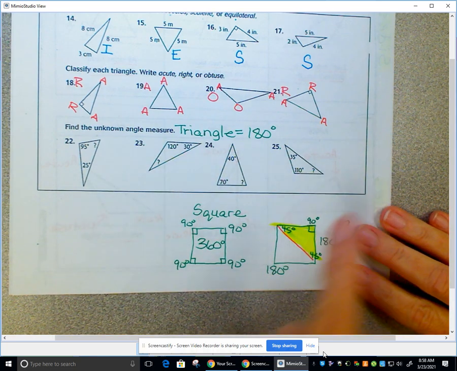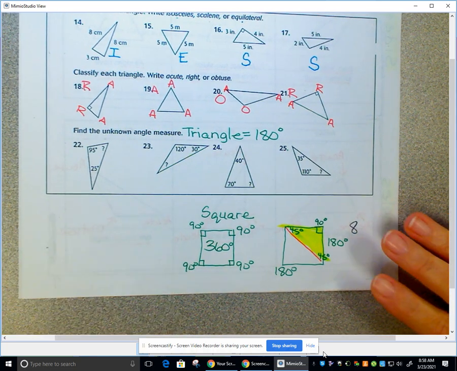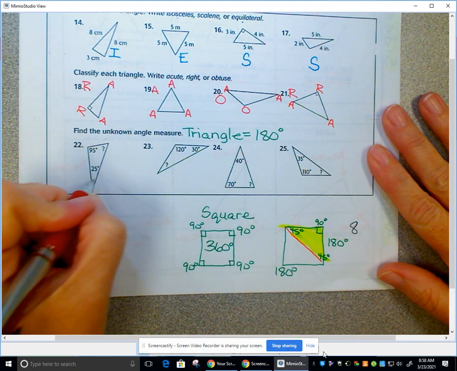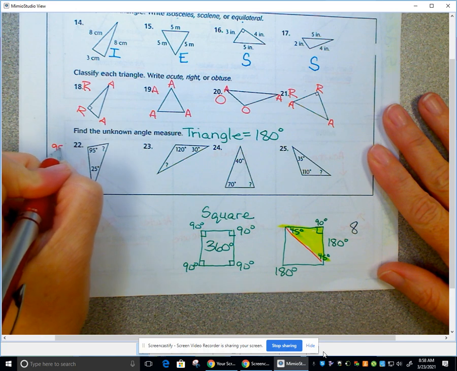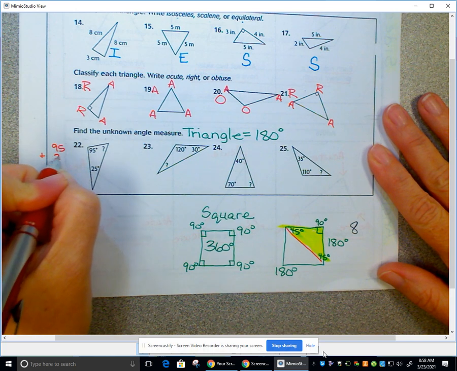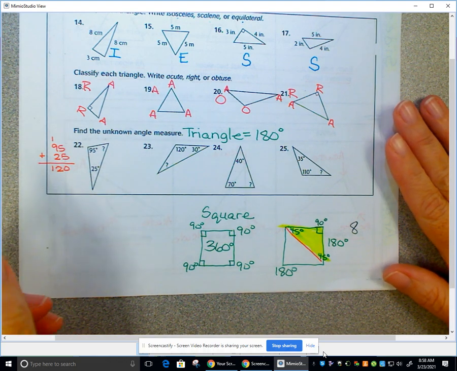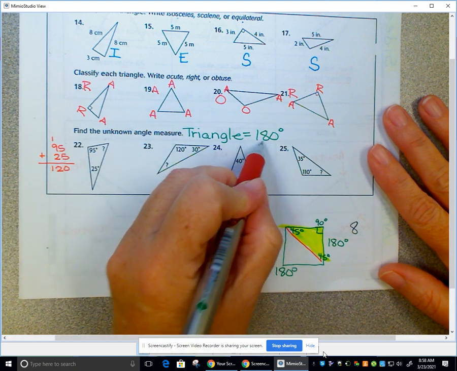So let's look and see what the angles would be over here. Look at 22. I've got to add what I've got. I've got 95 plus 25. That's 120, right? I know it's got to have 180 in all.